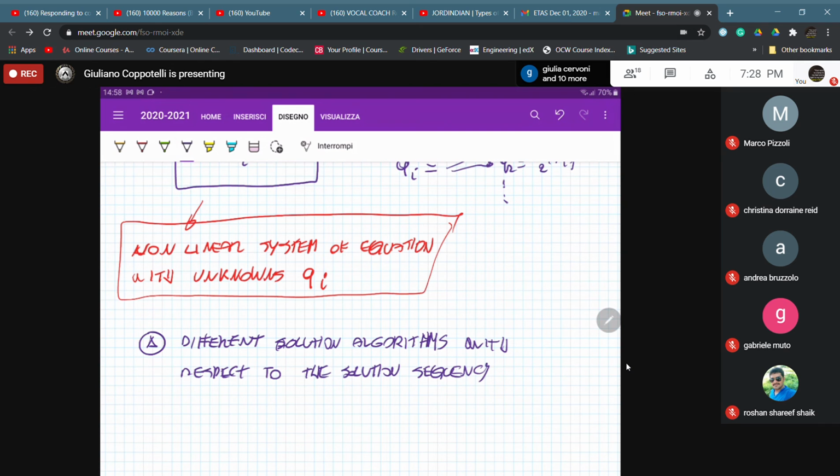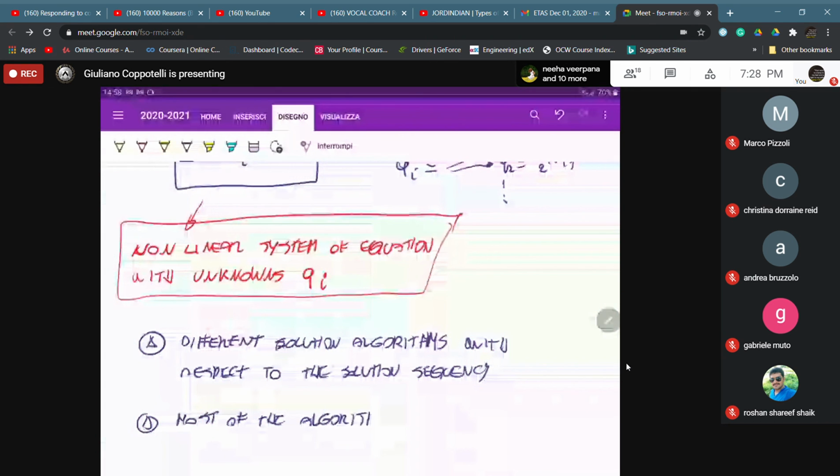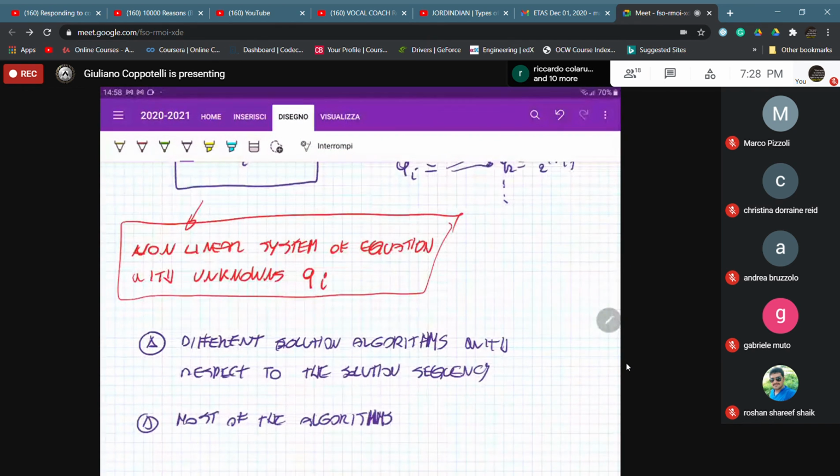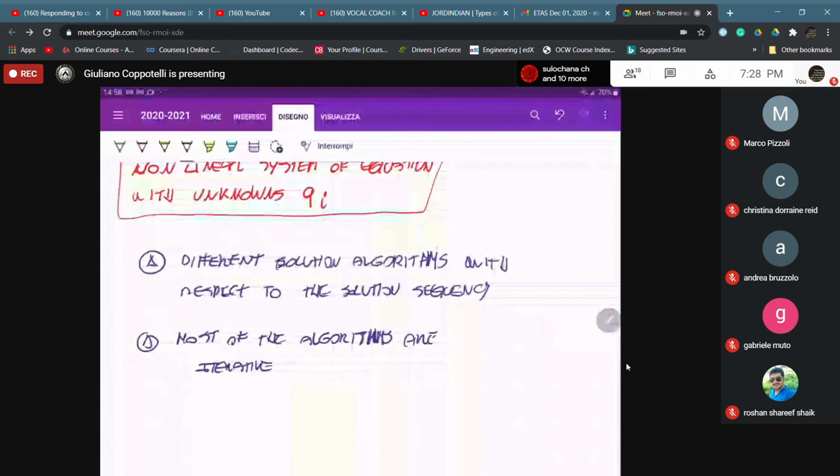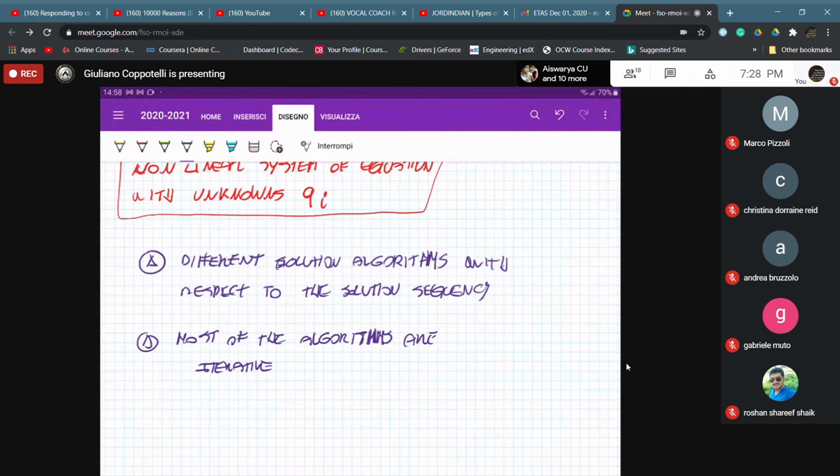Most of the algorithms are iterative. So they start with one guess and then start iterating until this error is practically zero.